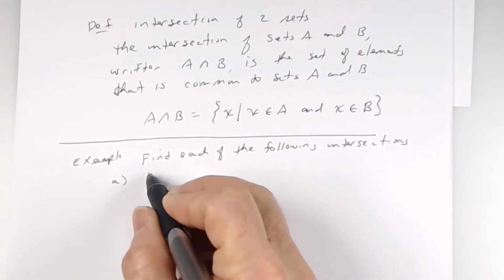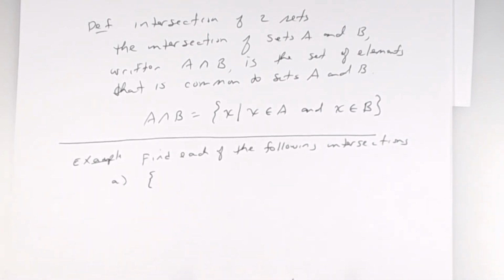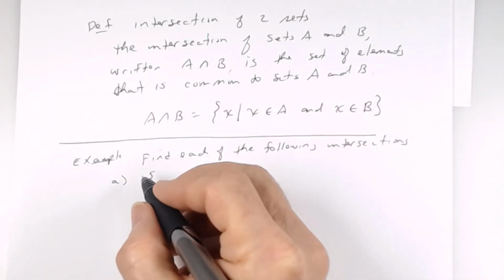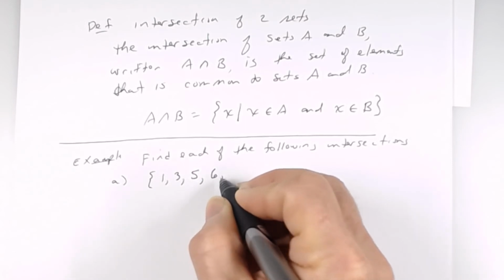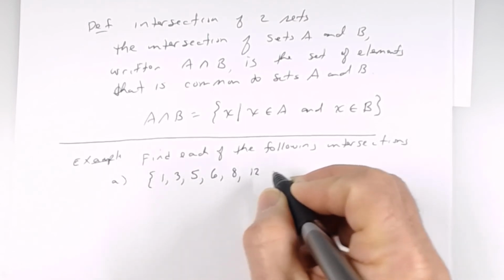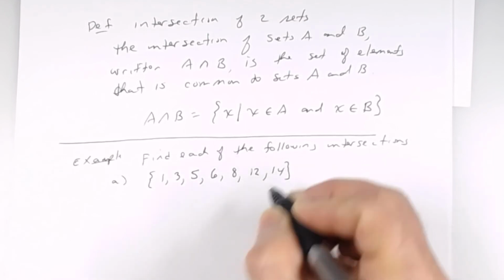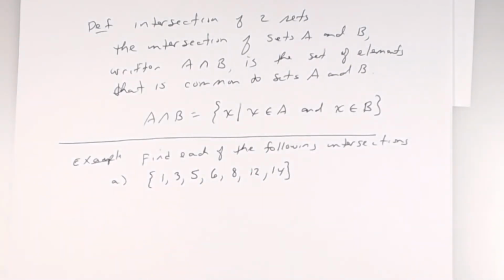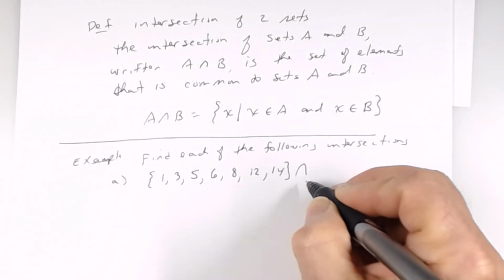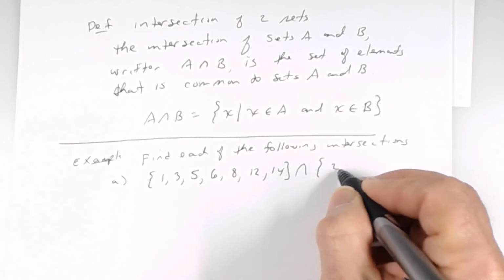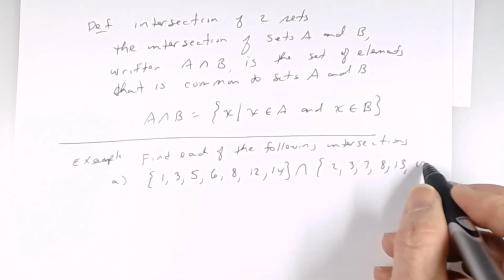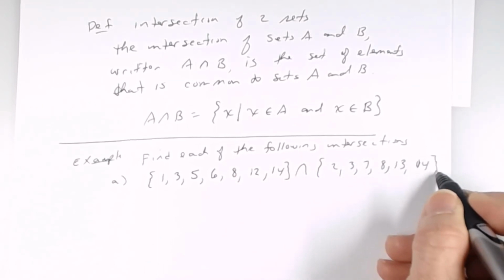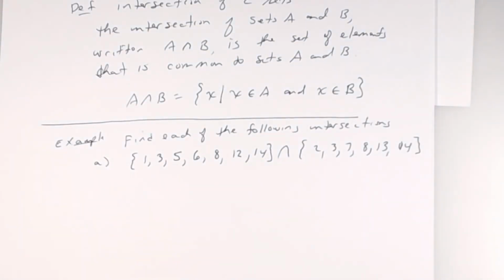Letter A. There are quite a few numbers, so just do the best you can. The first set is 1, 3, 5, 6, 8, 12, and 14. And I'm intersecting it with this set: 2, 3, 7, 8, 13, 14.